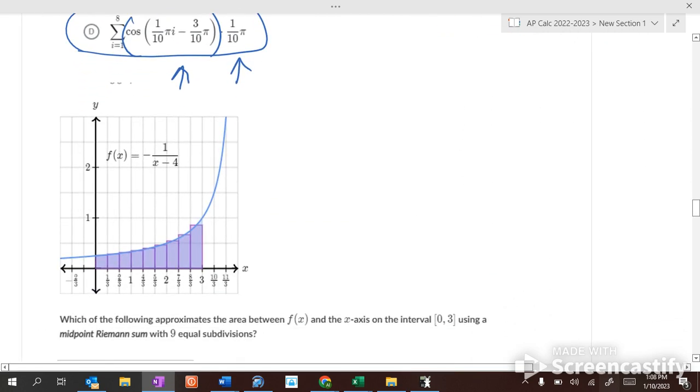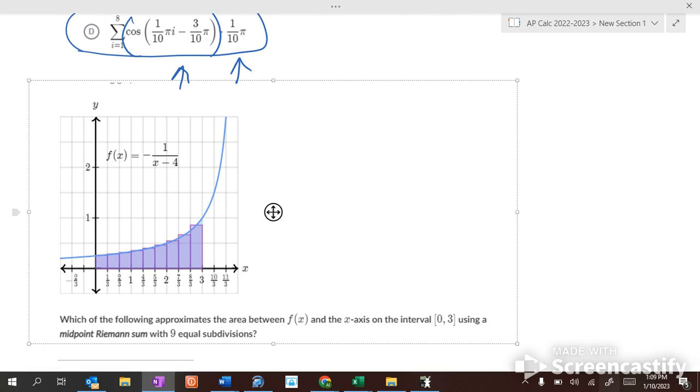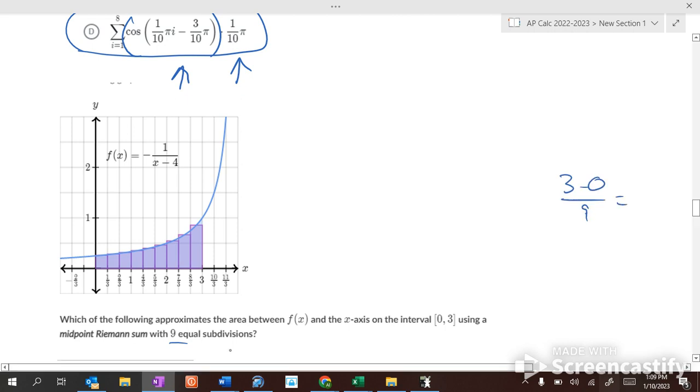Okay. So looking at this one, how many rectangles do we have? Well, we have 1, 2, 3, 4, 5, 6, 7, 8, 9. So there are 9 rectangles, so there are 9 subdivisions. Okay? We go from 0 to 3. Well, what's 3 minus 0 divided by 9? 1/3.